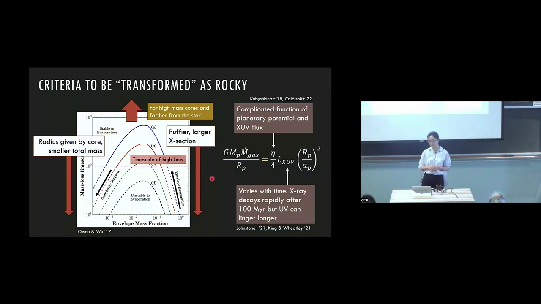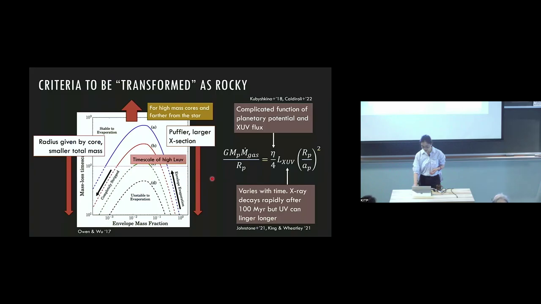The picture is less certain for the UV, so EUV and FUV, because they can linger a bit longer, so much so that if you calculate the total integrated amount of mass loss that happened after 100 million years, it's about the same as the mass loss that happened prior to 100 million years. So you do have to be a bit careful about what exactly is going on with the high energy part of the stellar spectrum over time for the particular target star you're looking at.